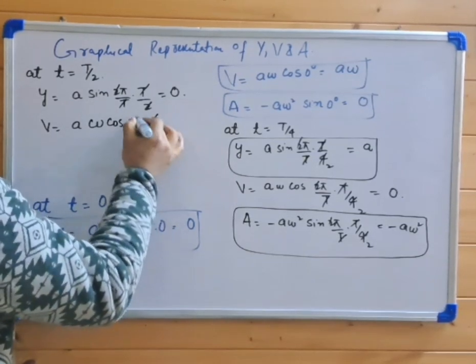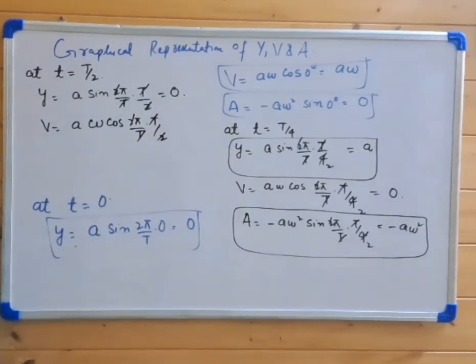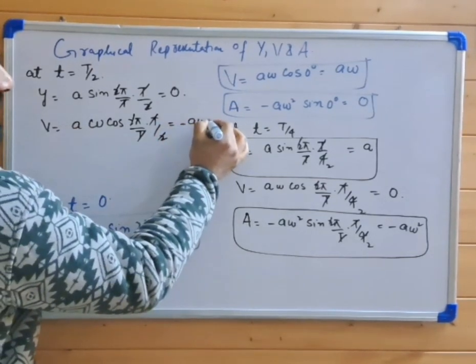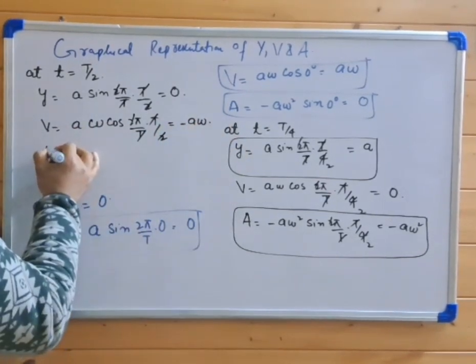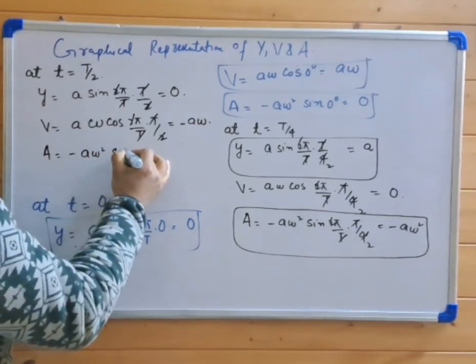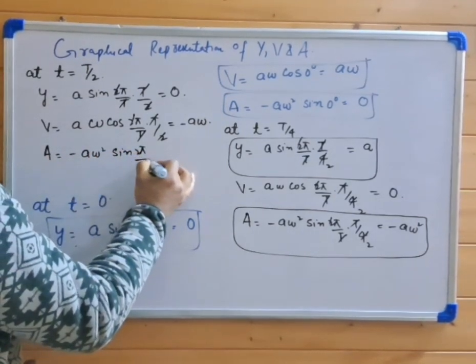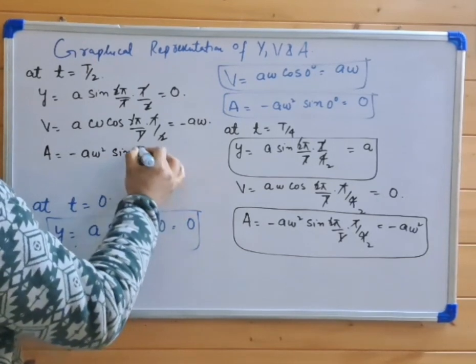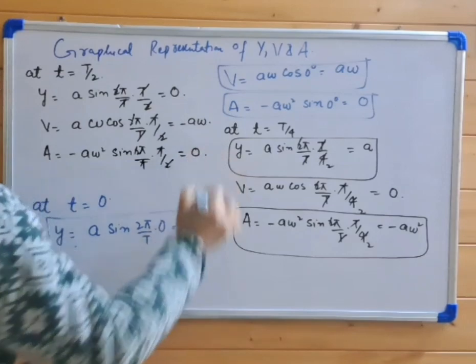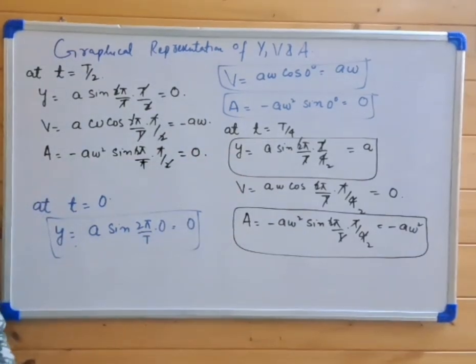T and T go, 2 and 2 go. Cos pi is equal to minus 1. That means v is equal to minus a omega. Acceleration is equal to minus a omega square sine of 2 pi by T into T by 2. That is sine pi, which is equal to 0. So acceleration is equal to 0.